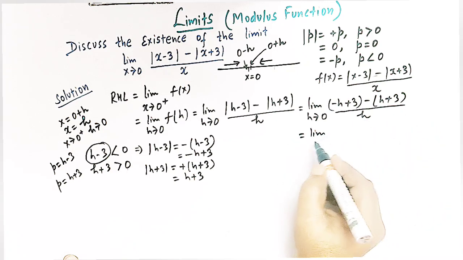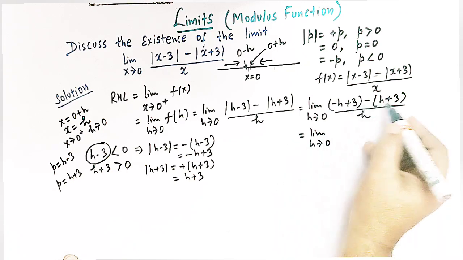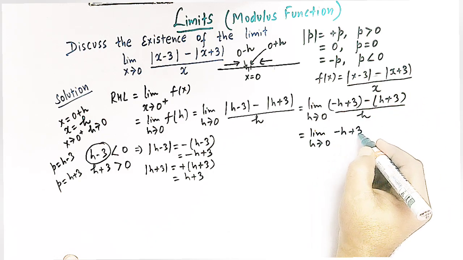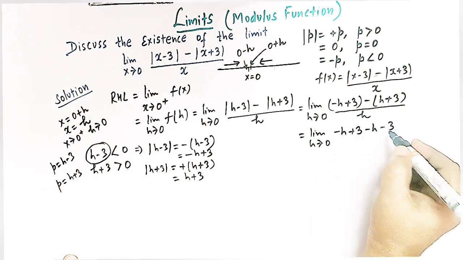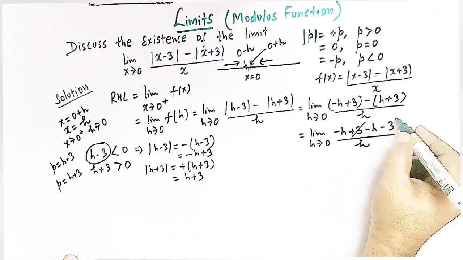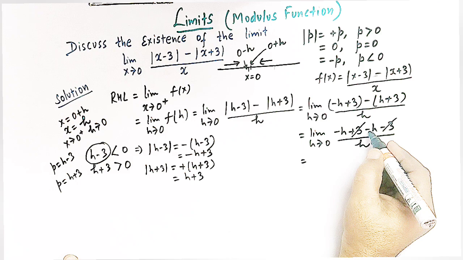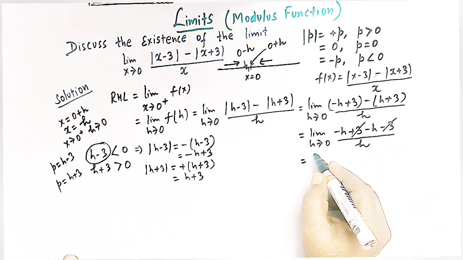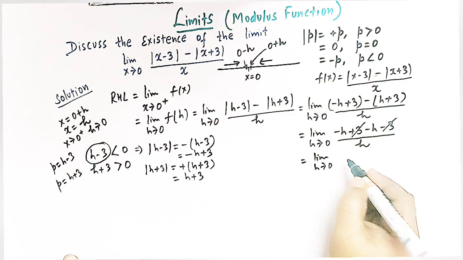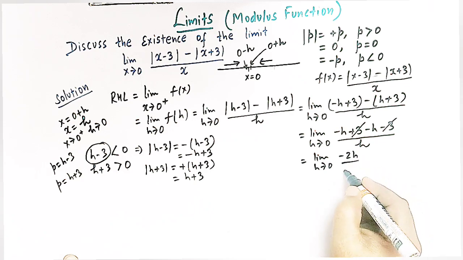Now we can simplify this expression in the numerator. So we have minus h plus 3 minus h minus 3, over h. Now this 3 and this 3 get cancelled, and minus h minus h is minus 2h. So we have now minus 2h over h.